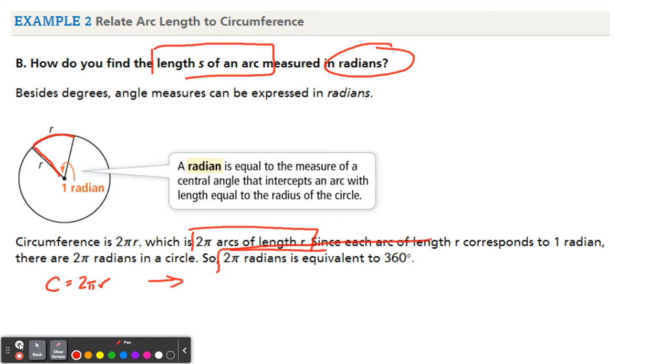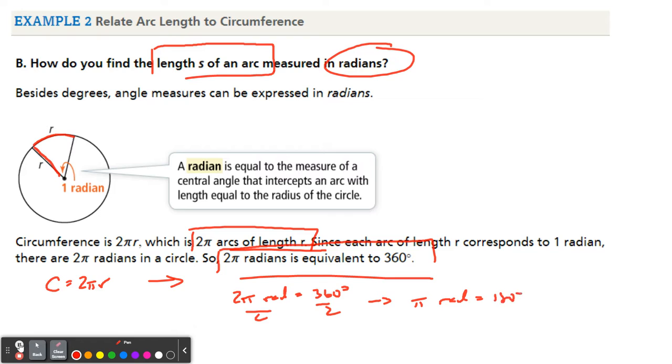Therefore, that means that 2 pi radians is equivalent to 360. 2 pi radians is equal to 360 degrees. We also divide this by 2 sometimes, and we use pi radians equal to 180 degrees as a conversion between radian and degrees. Okay. Now you'll see that we're not going to do a lot of radians here, so don't be too concerned.